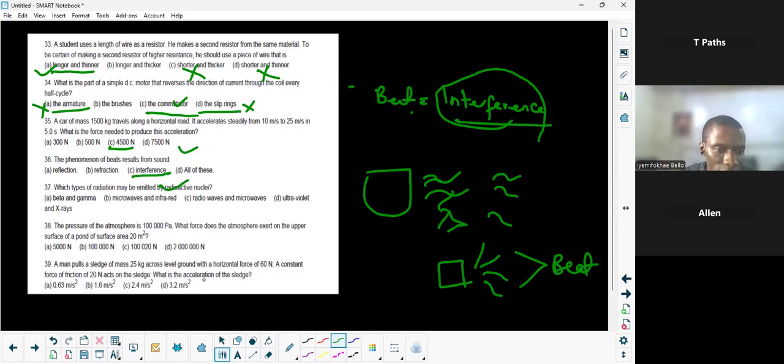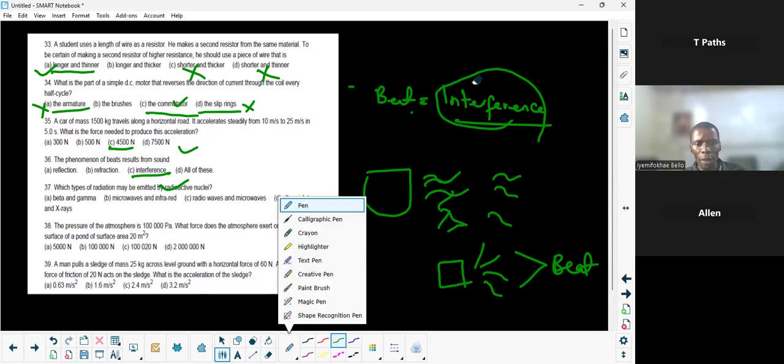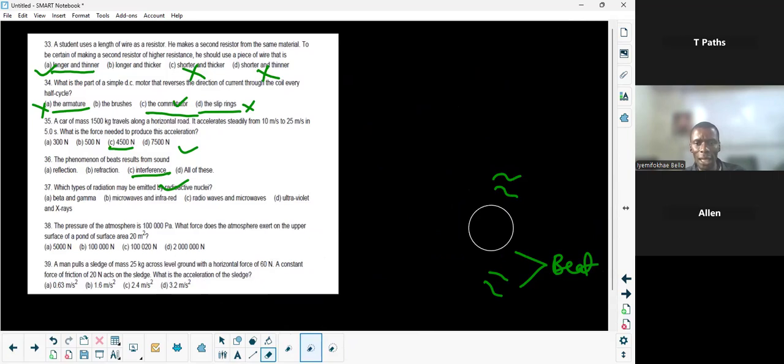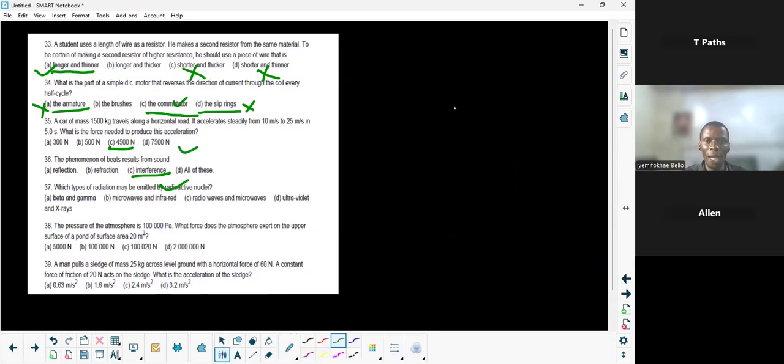Now the next question says, which types of radiation may be emitted by radioactive nuclei? So the correct answer, now we know that there are 3 substances that a radioactive substance produces. We have 3 particles or 3 substances.